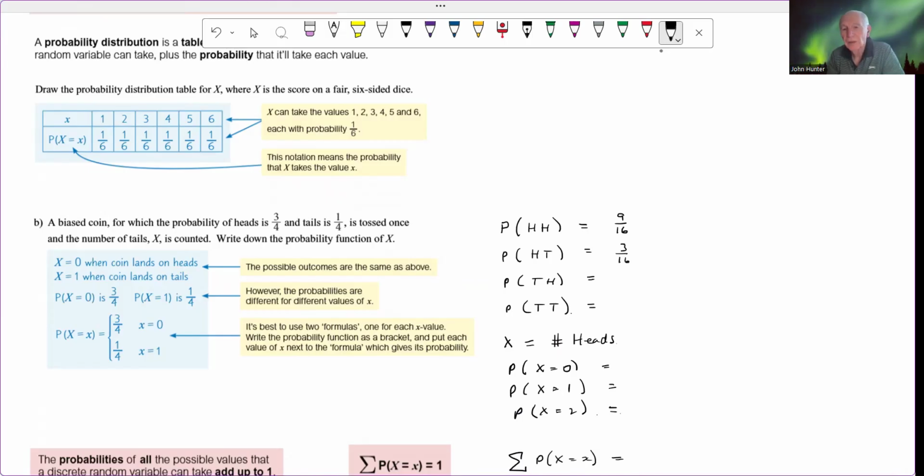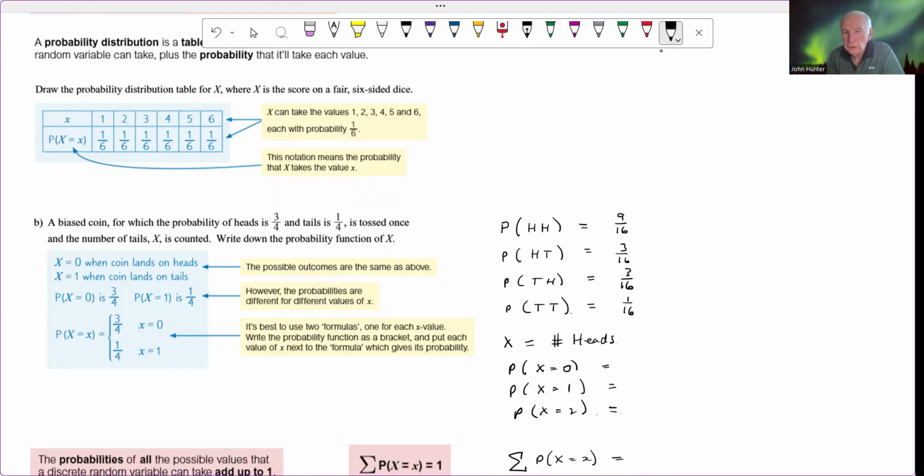The probability of a tail and a head is 1/4 times 3/4, actually the same number. But we've got two ways of getting a head and a tail, if you see what I mean. And then two tails is going to be a quarter times a quarter, so that's 1/16.